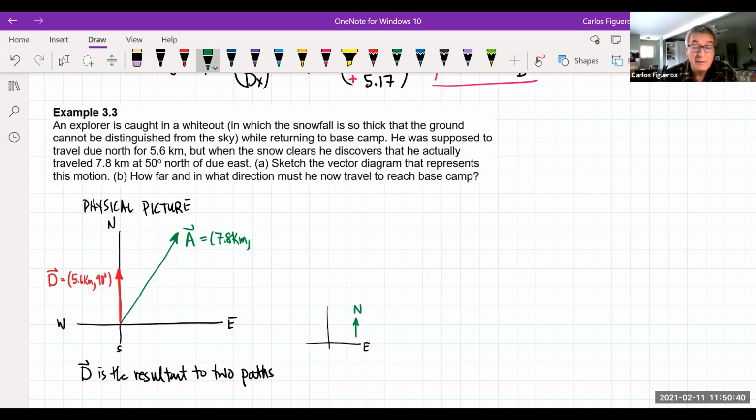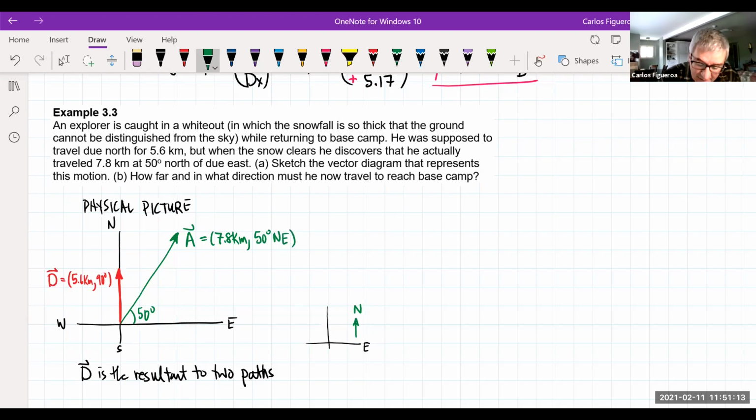I've seen a lot of people make mistakes because they're confused. Does that mean east of north? No, it means you go north of east, and it tells you by how much: 50 degrees. So in this case, it's 50 degrees north of east.